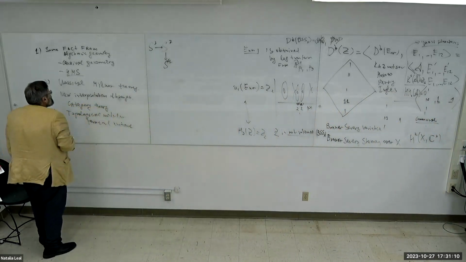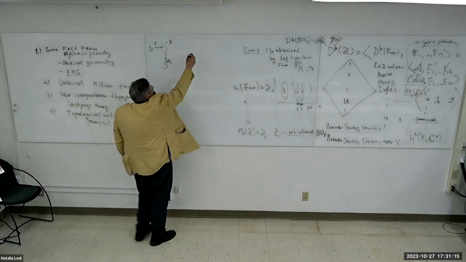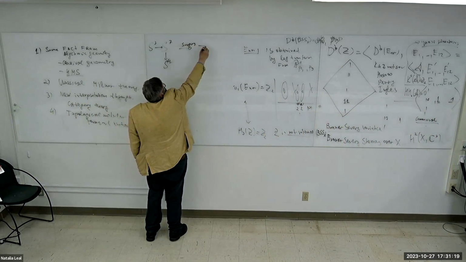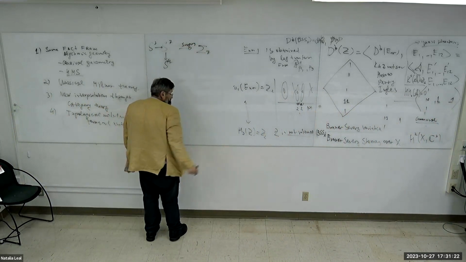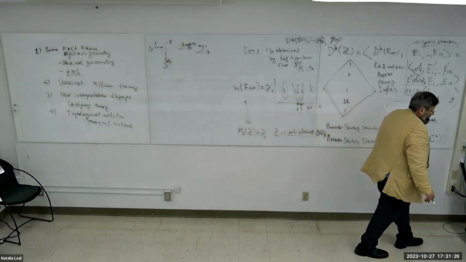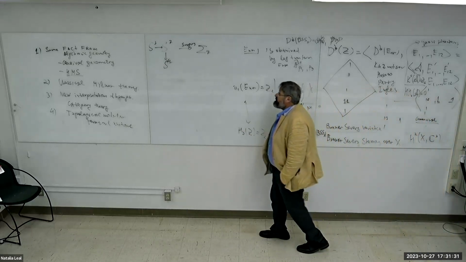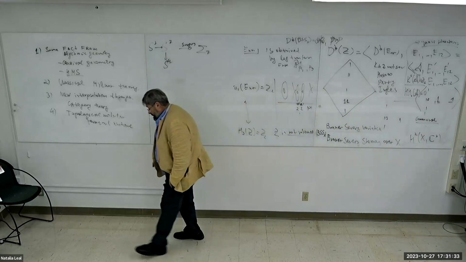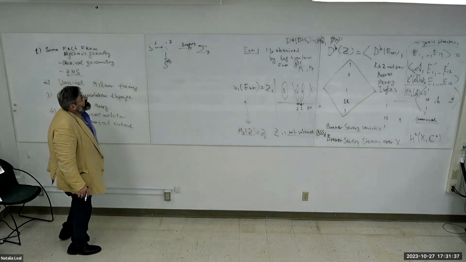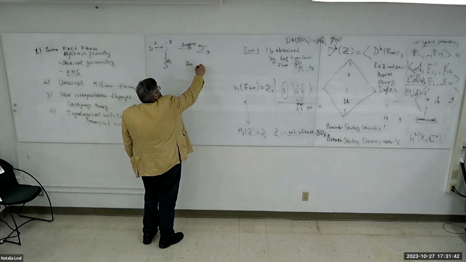This surgery actually produces many different fake spheres, or if you like, exotic spheres, which have a different structure than the classical sphere after you apply the surgery. And the invariant that is used here is the so-called Kervaire-Milnor invariant.